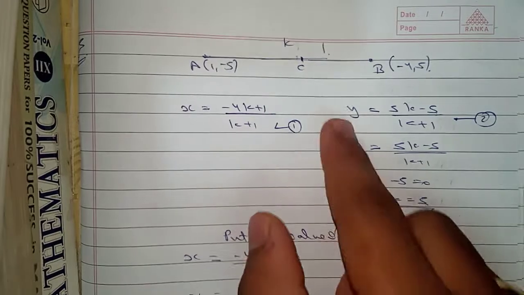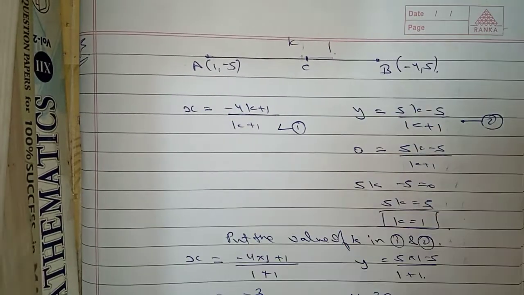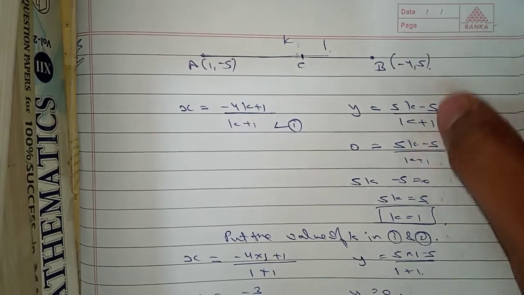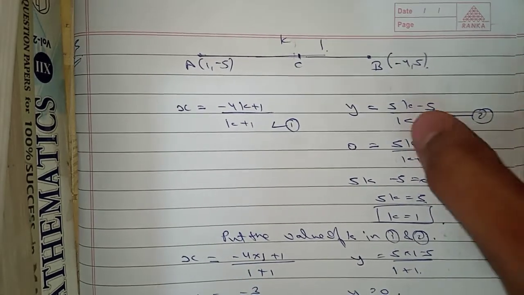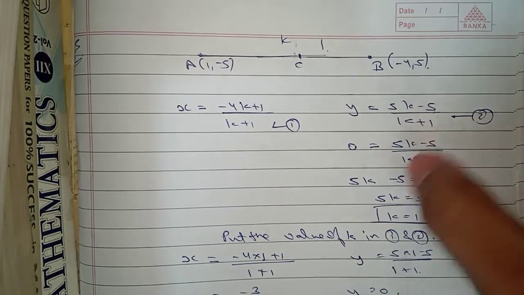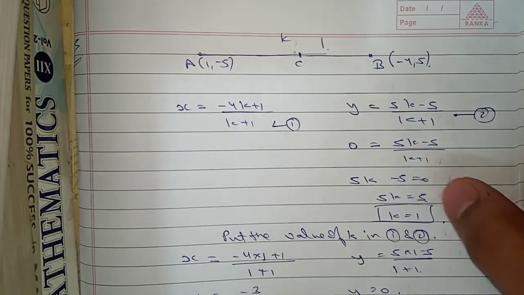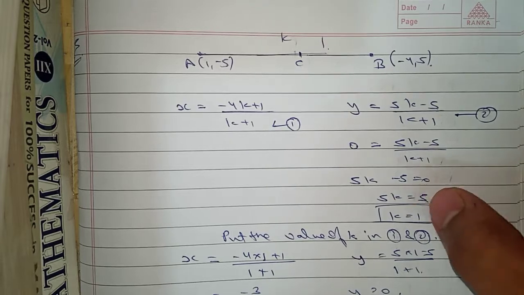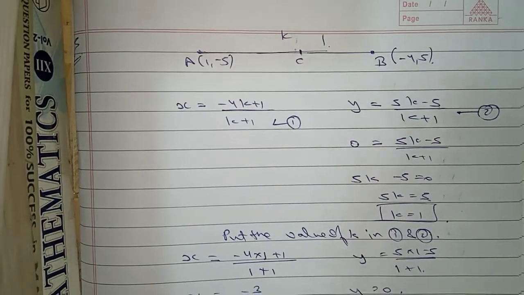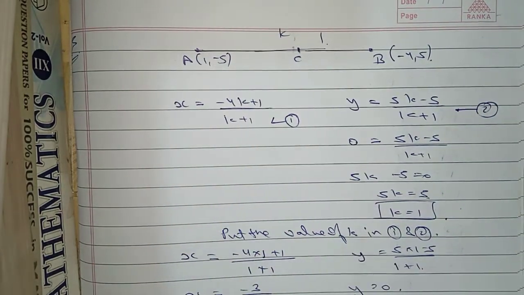You can write in your own language: on the x-axis, the point y is 0. I forgot to write here, so you can write. Now (5k - 5) upon (k + 1). Now k + 1 will go there, so it will be 0. Now 5k - 5 equals 0, 5k equals 5, and k equals what? 5 divided by 5. K value is what? 1.